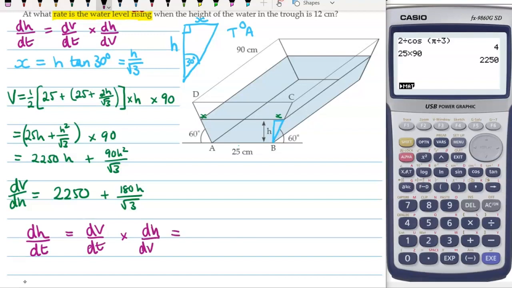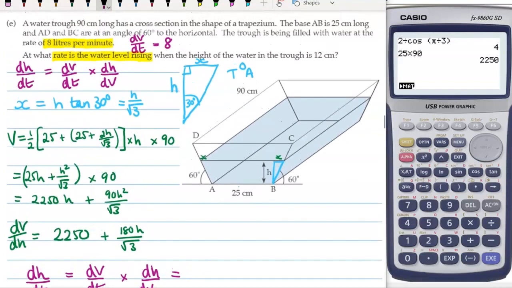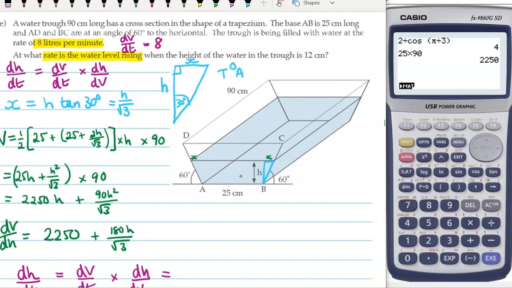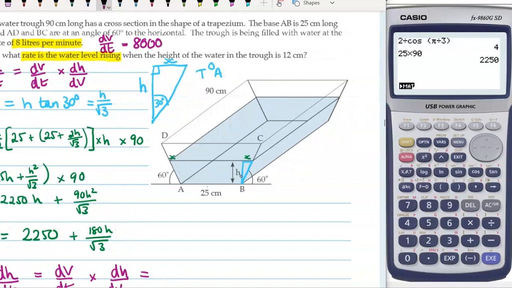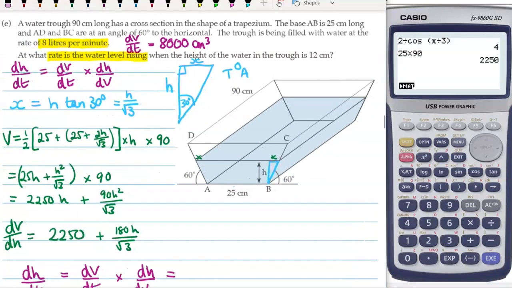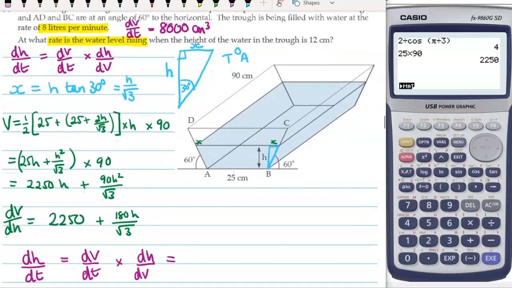Now dV by dt was what we were given in the question, but just one thing to note, we've been working here entirely in centimeters cubed, and this is in liters. 1 liter is 1,000 centimeters cubed, so we need to turn that into its equivalent. So it'd be 8,000 centimeters cubed, rather than it just being a singular 8.